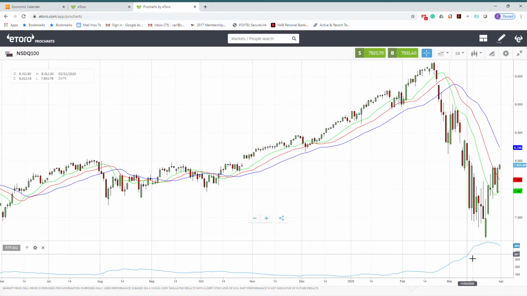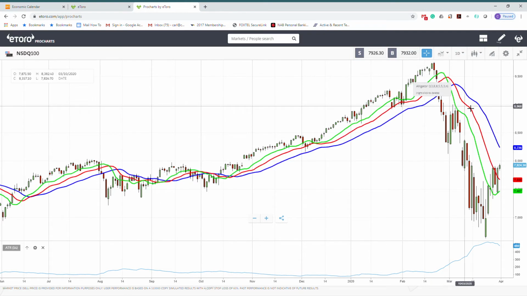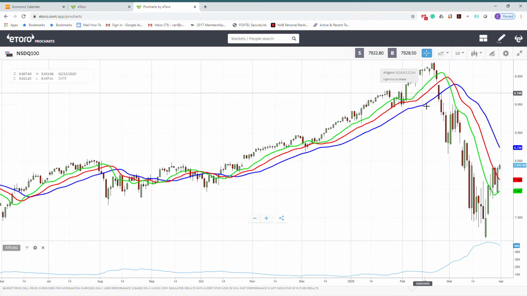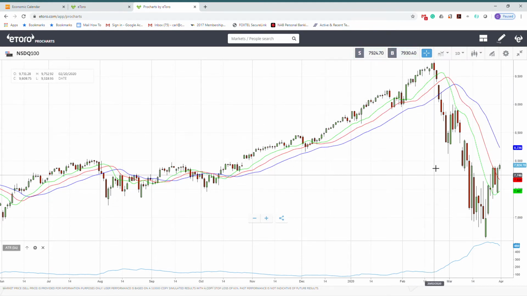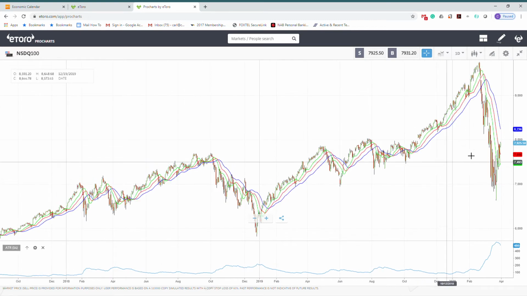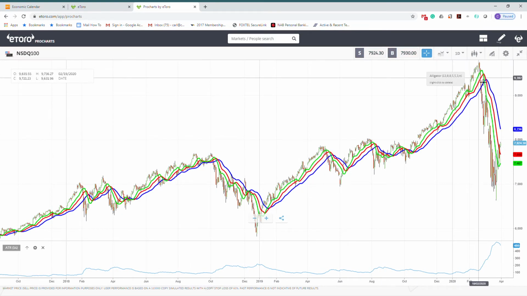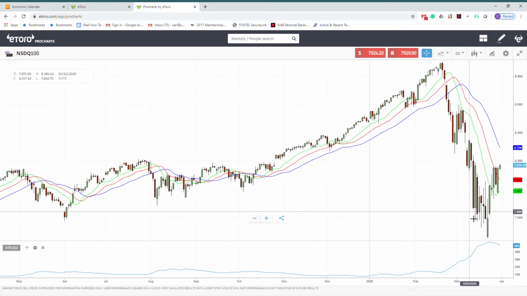So you either need to use other indicators like this one, Alligator, or just look at the chart, and then you can say that we are in a downtrend since Feb 20. And because of this fact, it is not used as an active indicator to predict future moves.